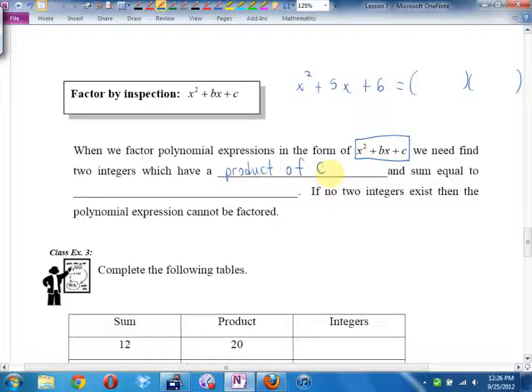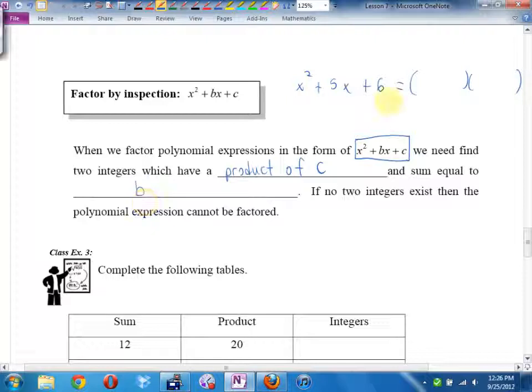Adding, subtracting, multiplying, or dividing? Multiply to whatever is sitting where the C is. And a sum, when I say the word sum, what does that mean? Adding, equal to whatever is sitting where the B is. And if you can't find those numbers, it doesn't factor.